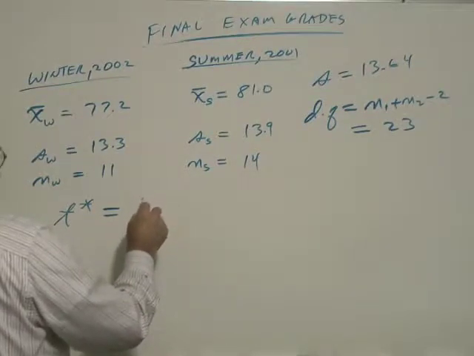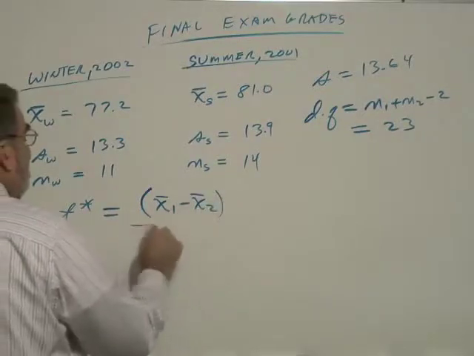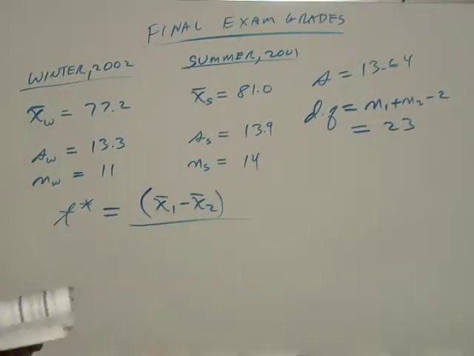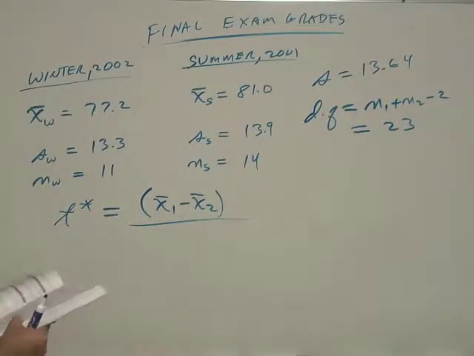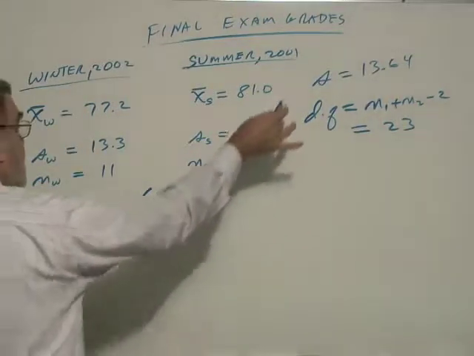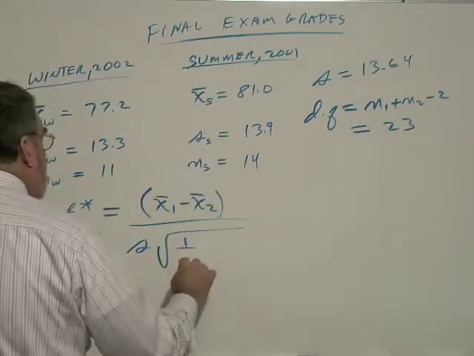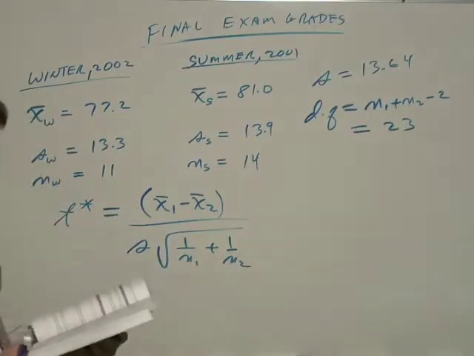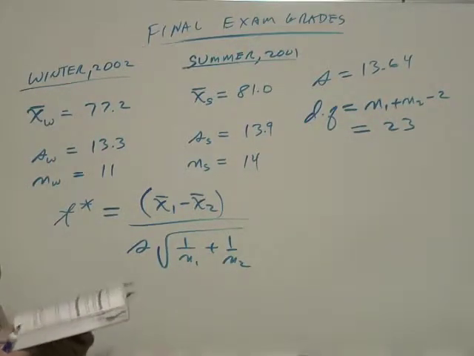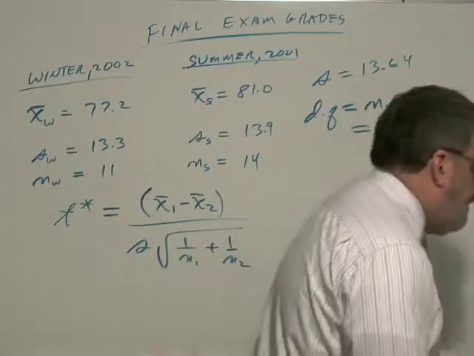Well, that would be x bar 1 minus x bar 2. I don't know why suddenly this author switched to y, but the denominator will be s times the square root of 1 over the first sample size plus 1 over the second sample size. So there's our formula. I've changed it slightly from the textbook. And let's plug numbers in.